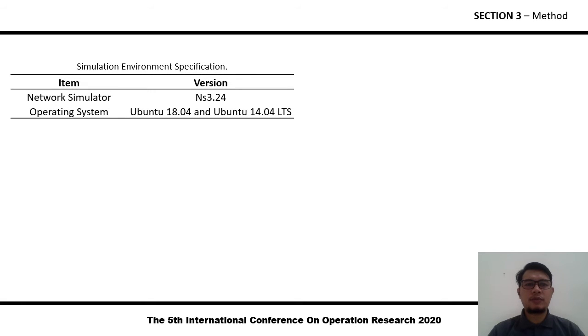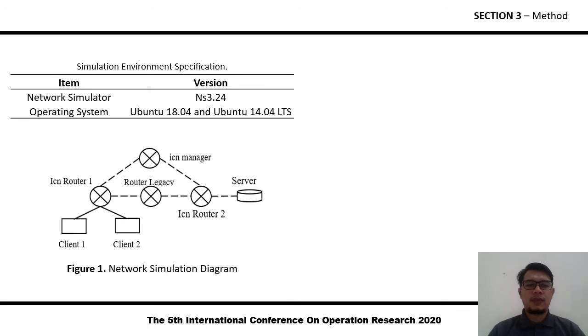In this experiment, we use network simulator version NS3.24 and operating systems Ubuntu 18.04 and Ubuntu 14.04. Figure 1 shows the network simulation diagram that we use in this experiment.